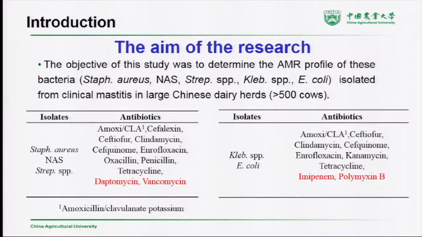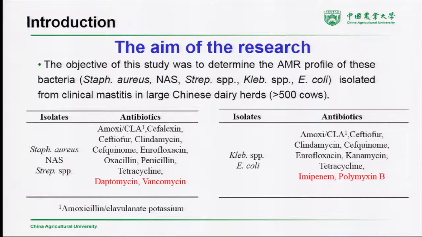Knowledge of the trends of antimicrobial resistance is very important to identify antibiotic efficacy and help guide the veterinarian to select the most appropriate antibiotics to control bovine mastitis. Therefore, the objective of this study was to determine the AMR profile of these bacteria isolated from clinical mastitis in large Chinese dairy herds.